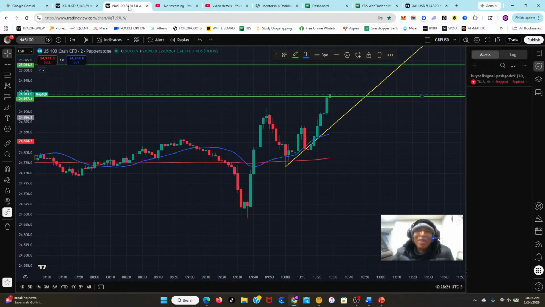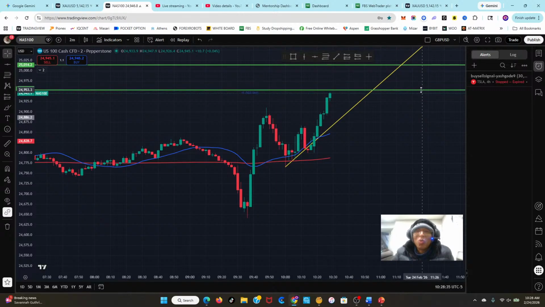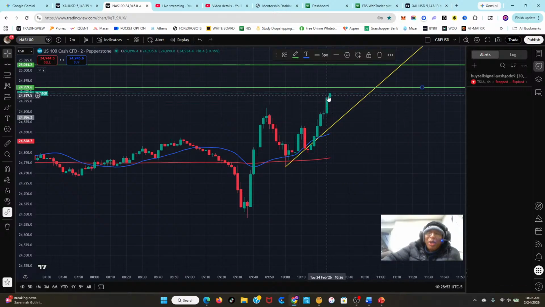So this bar was bigger than others. So it's still pushing up, guys. We are waiting for it to come down. Still pushing up. We wait for wicks on the top. There's no wick on the top here, so there's still power to go up.